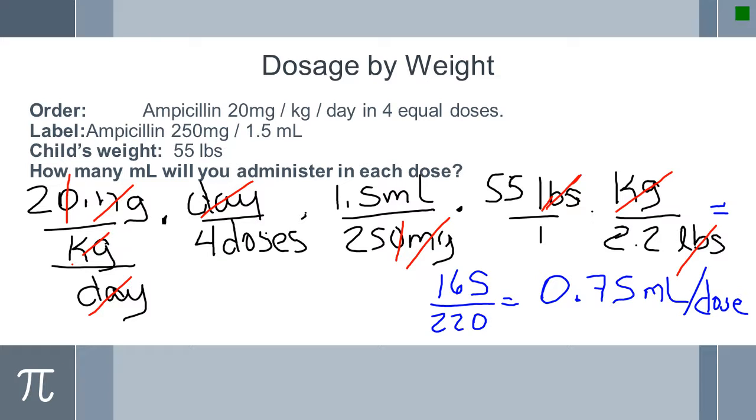So then when I divide 165 divided by 220, then I get 0.75 milliliters per dose. So that's how much I'm going to give per dose. I hope these help.